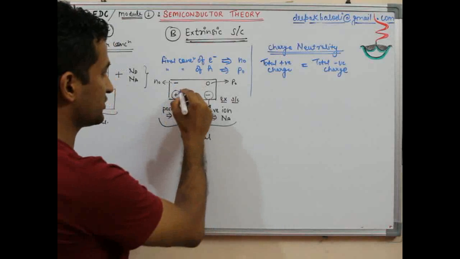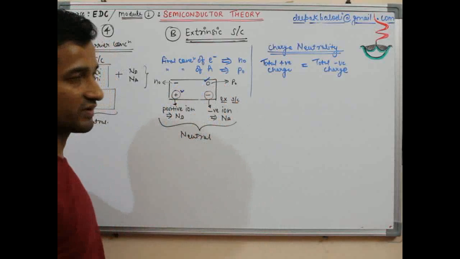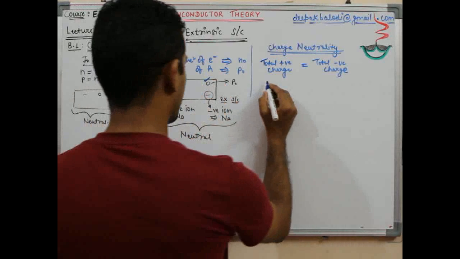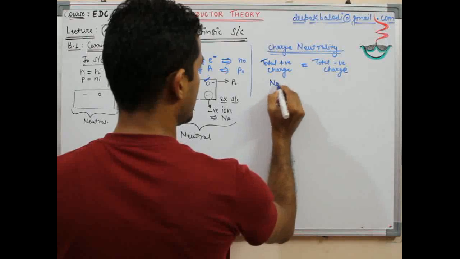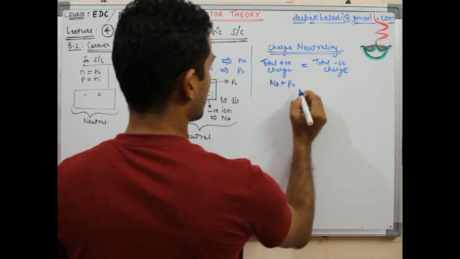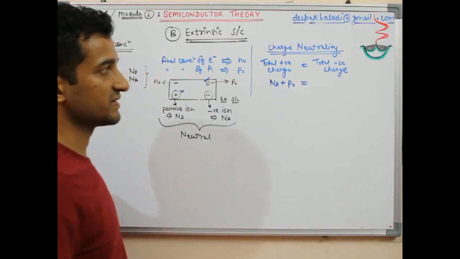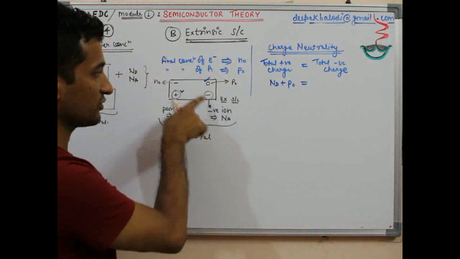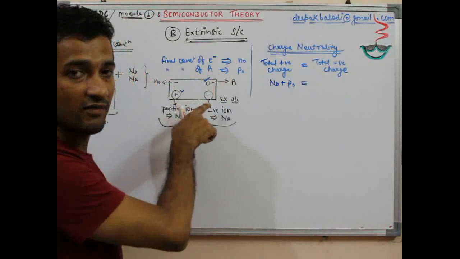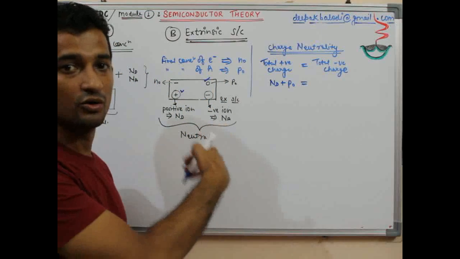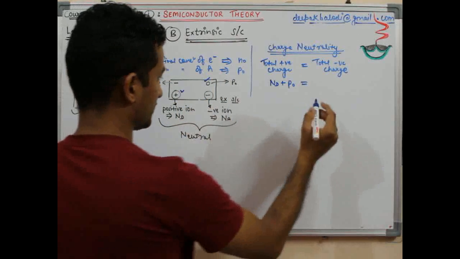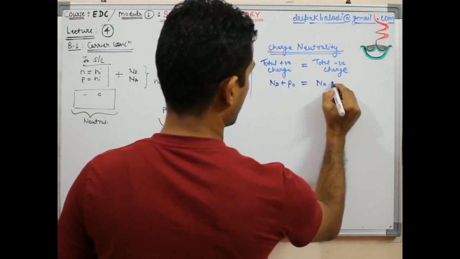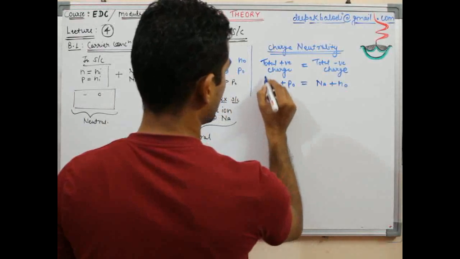These two candidates possess positive charge of a single unit, so Nd plus P naught, and that must be the same as the total negative charge. The negative charge is contributed by the electrons as well as the negative ions which are due to the donation of holes. So it is N naught plus Na.